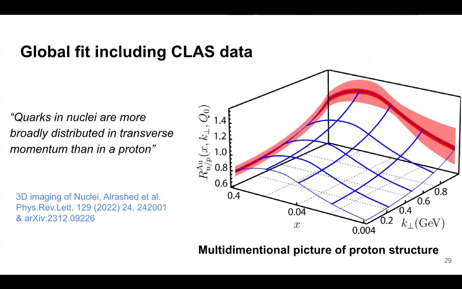That's a good one. So you see the nuclear effect there, and they're more broadly distributed in transverse momentum than in a proton. That makes sense to me, right? Because you have interactions and exchange of energy that holds the nucleons bound, so presumably that's going to broaden the momentum distribution.